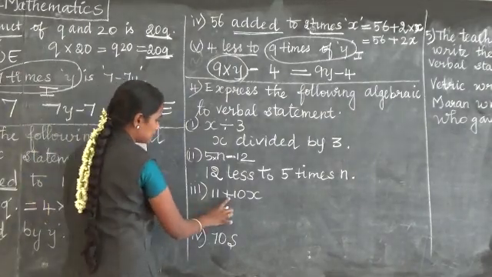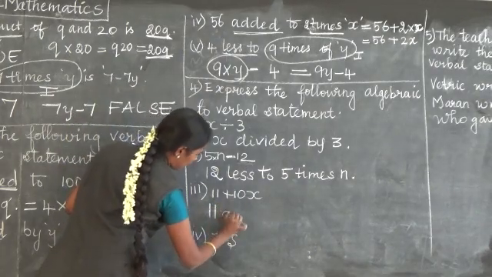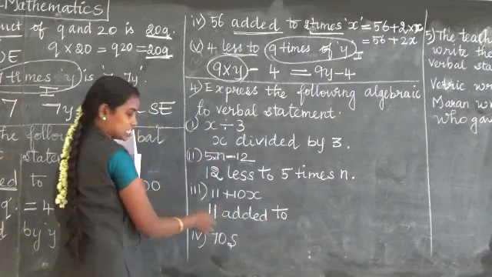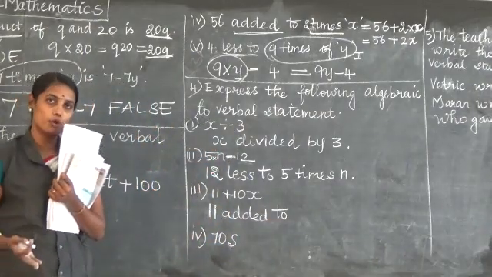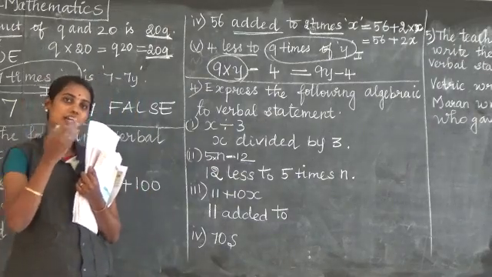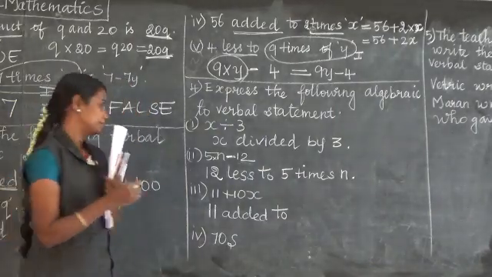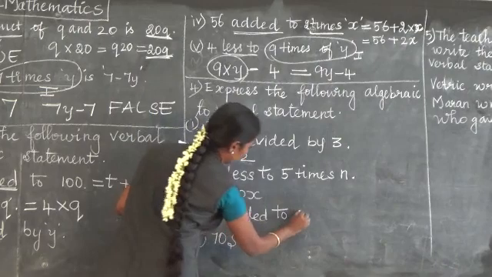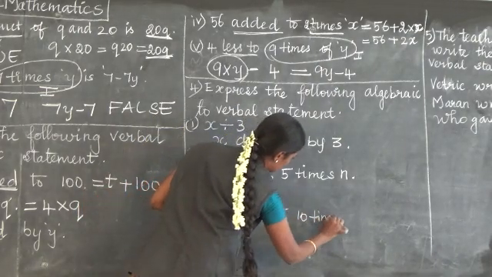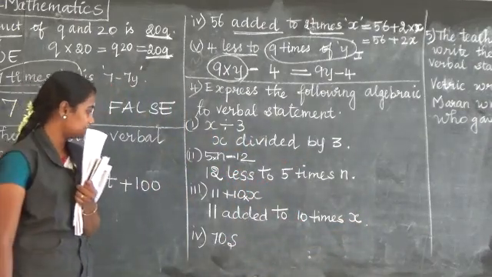Next, 11 plus 10x. You can write as it is, 11 added to. Plus means added to, or you can write as more or as increased. You can write by anything but use the proper word for the plus. 11 added to 10, here multiple, so 10 times x. 11 added to 10 times x.